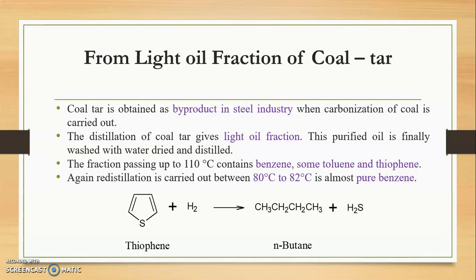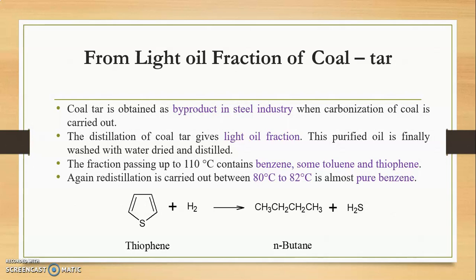Means the fraction that is obtained from the light oil is distilled two times. At first fractionation is carried out at 110 degrees Celsius, and after that redistillation is carried out at 82 degrees Celsius. So it gives us pure benzene.